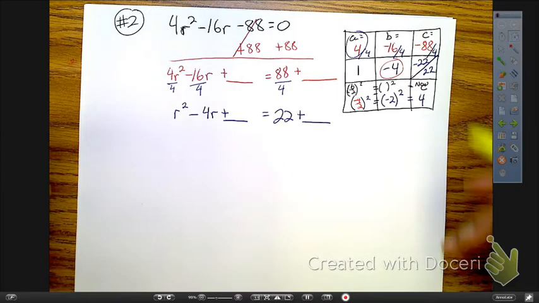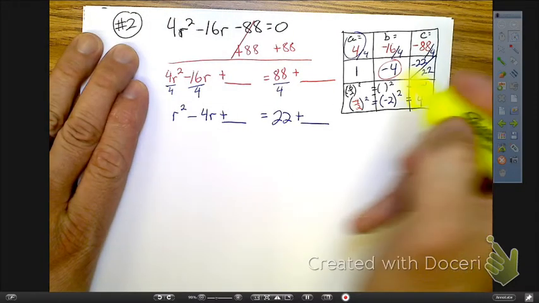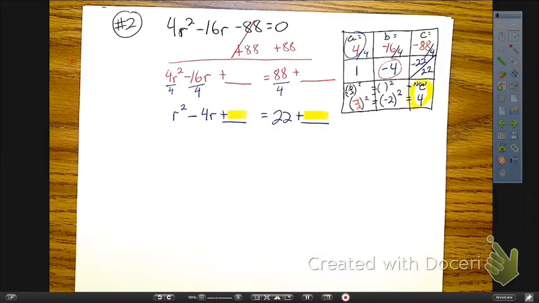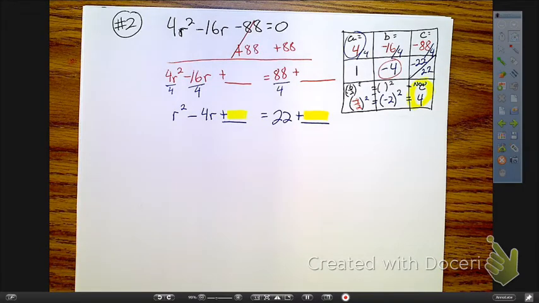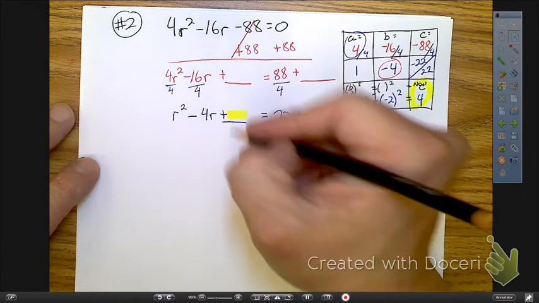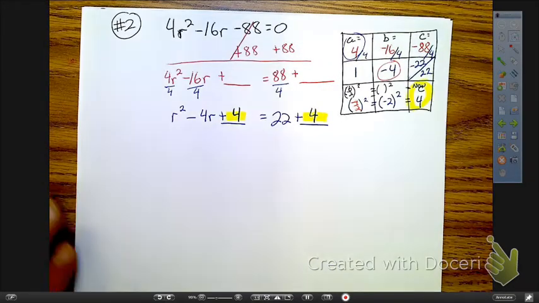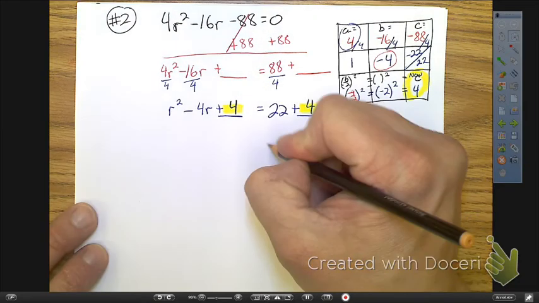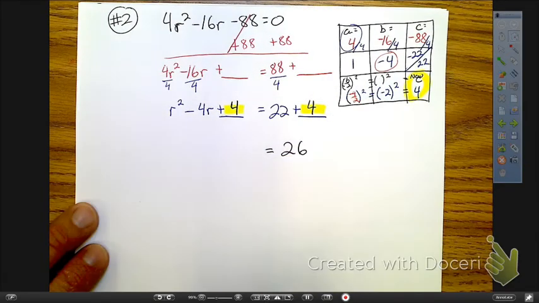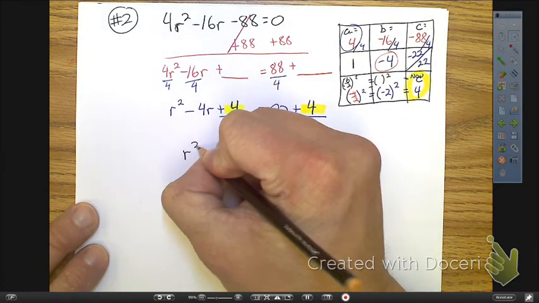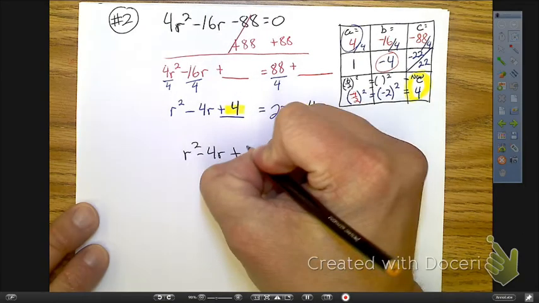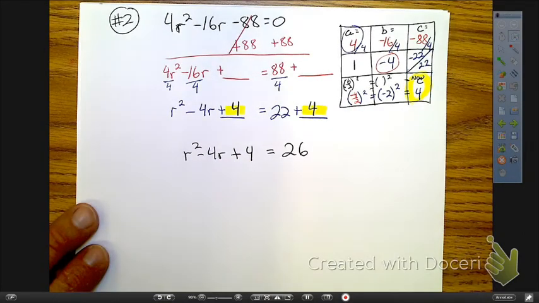This is the number that we need to plug in to both of the blank spots that we created. Plus 4, plus 4. Time to simplify. R squared minus 4r plus 4 equals 26.